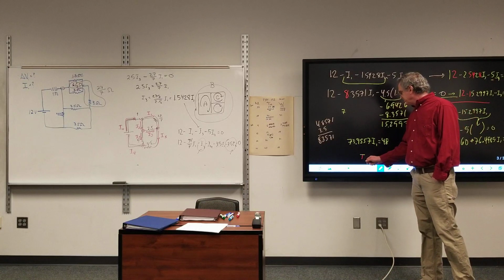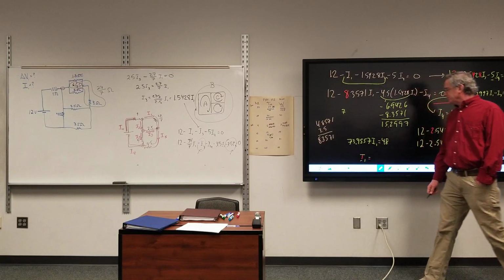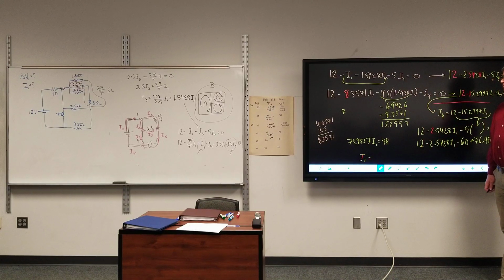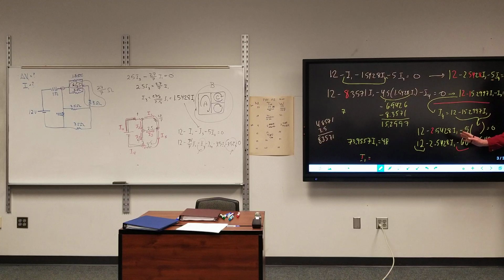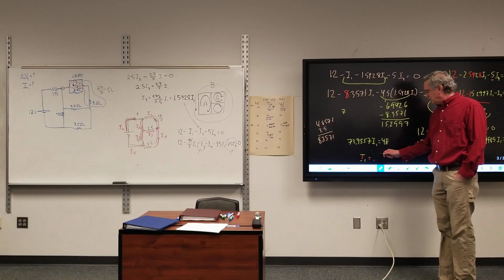Therefore, I1 equals... wouldn't that be negative 48? No, because I've got 12 and negative 60, so on the left-hand side it's negative 48, and then I add it to the other side. I1 equals 0.6490.